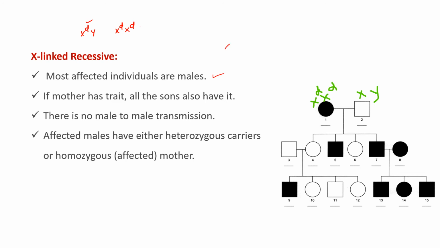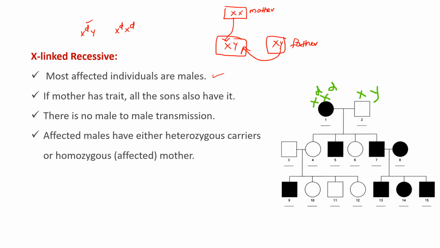We know that in son, that means in males, X and Y chromosome is present. And this X chromosome is coming from his mother, isn't it? And Y chromosome is coming from his father. So, if mother has X-linked recessive trait, all the sons also have it, isn't it?